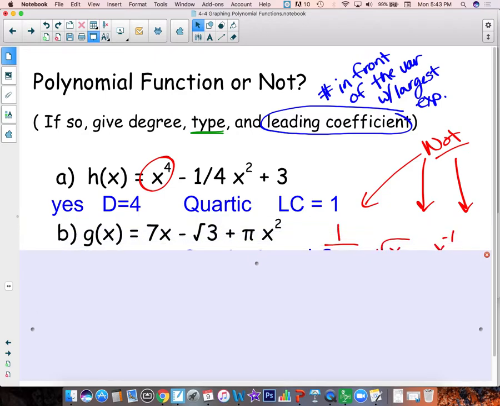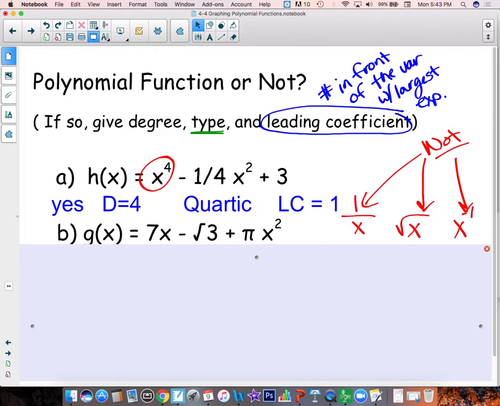Second one here, is that a polynomial? Well, think about the things that I said are not polynomial. Does that fall under one of those categories? Not this one, because there is no variable there, so that doesn't matter.